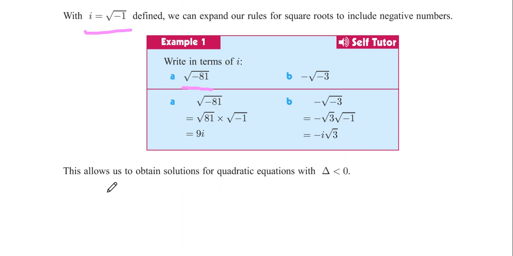So that becomes under root 81 into under root minus 1. We know that under root 81 is 9, so we write 9 as it is. And we know that under root minus 1 equals iota.